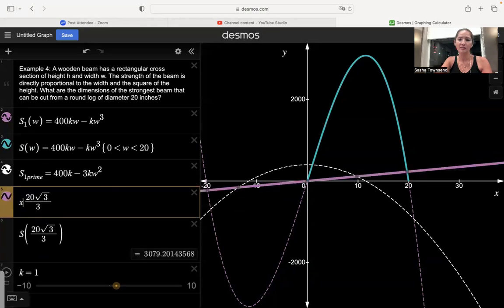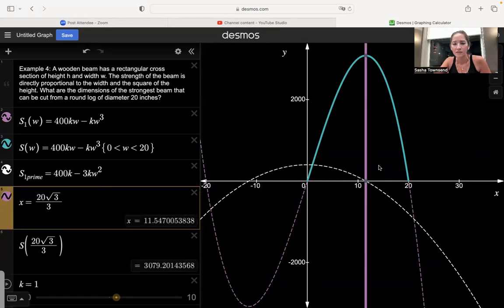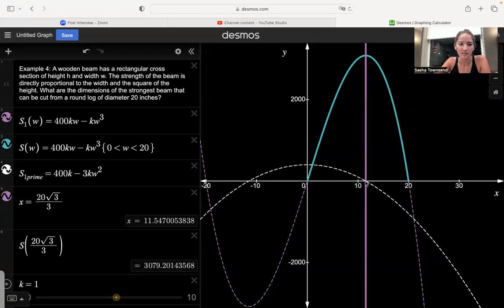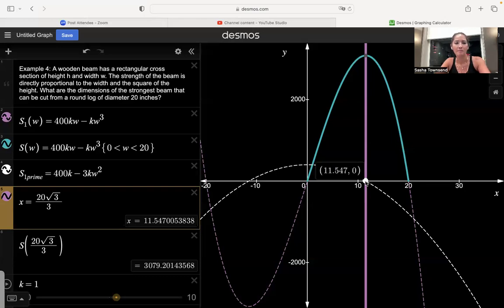Actually, let's just do x equals that. So that is the x value that corresponds to that zero of the derivative, 11.547. When I solve that exactly, I got 20 times the square root of 3 divided by 3.